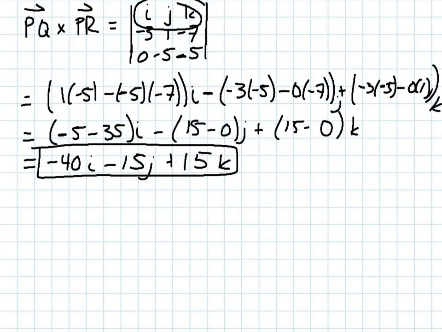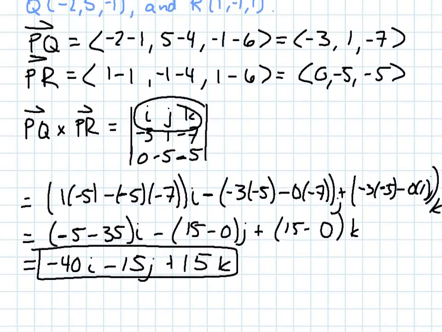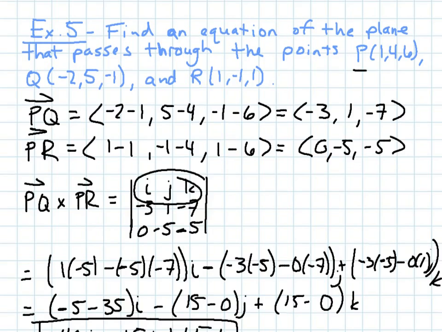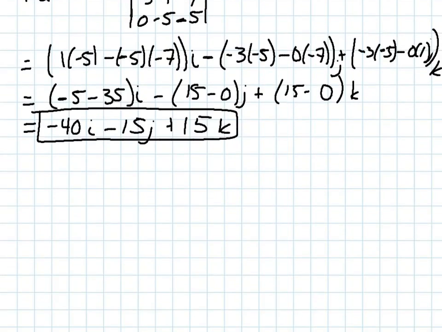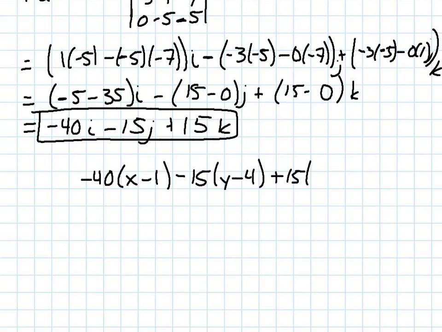Okay, so now, using our normal vector and a point, it looks like we used P as that pivotal point. So let's use P as well. So then, negative 40 is my A times x minus 1 from that point P, minus 15 times y minus 4, and then plus 15 times z minus 6 equals 0.